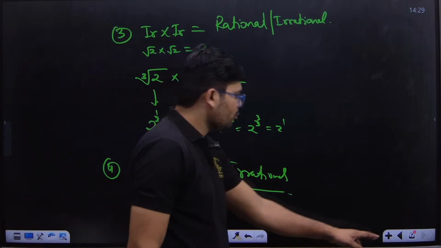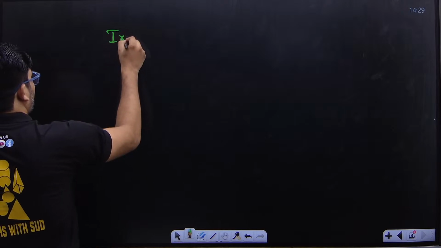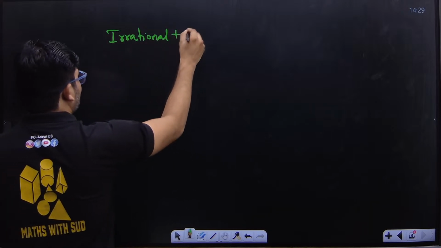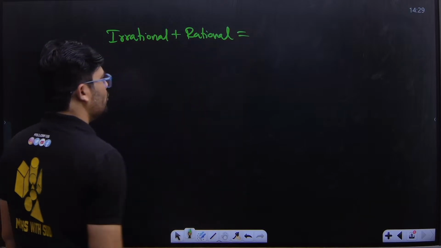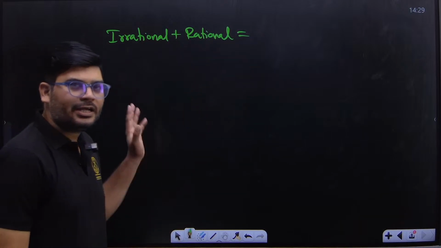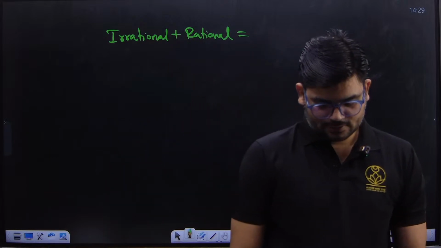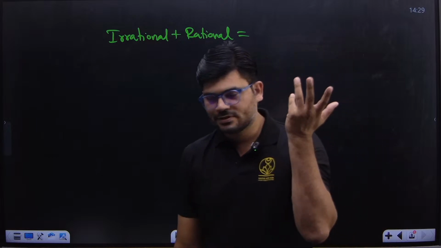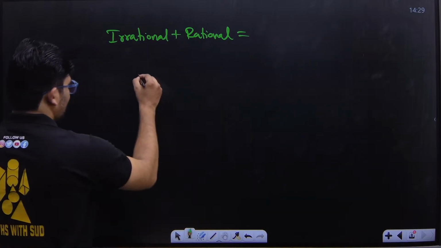Now I will be focusing on the different kinds of numbers in addition. So tell me, for irrational plus rational, what is your opinion? I am adding an irrational with a rational. What do you think will be the answer? You can take examples. See this?